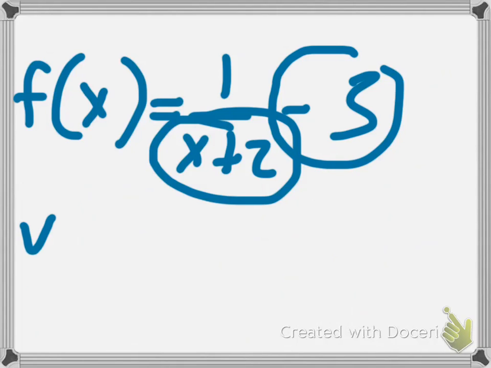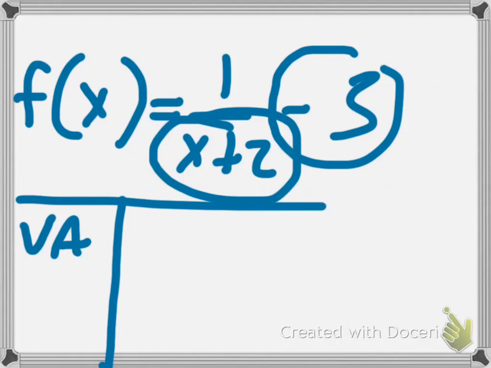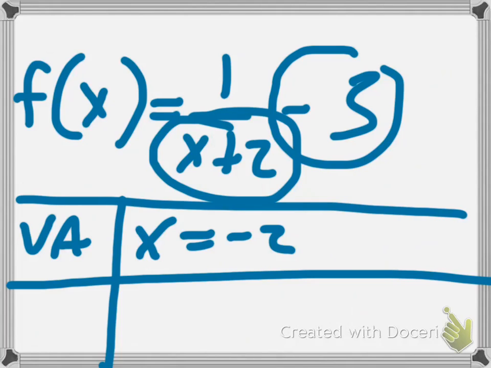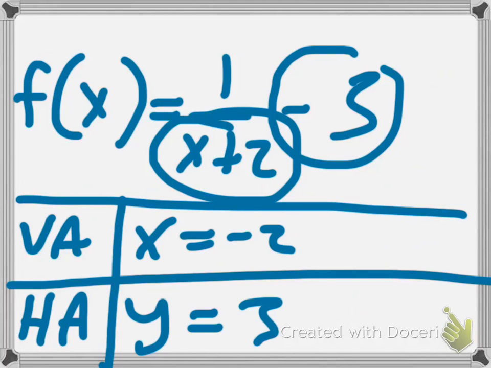Our vertical asymptote has already been given to us thanks to the problem, which we write as x equals negative 2, because this is a transformed parent function, which means that our sign for positive 2 has to change. Next, we find our horizontal asymptote, which we write as y equals negative 3. My apologies.